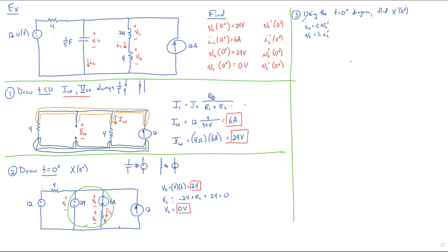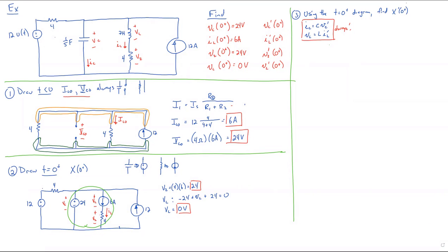So these are always relationships. If we know what IC is and VL is, we can figure that out from over here. So if we're asked to find VC prime and IL prime, it's easy to find out what those are.